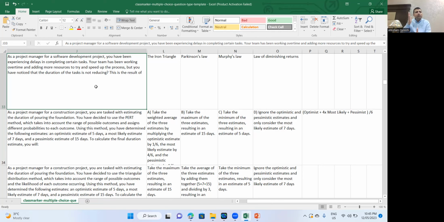Even if you add more resources, you won't be able to get the work done faster. Actually it will decline if you add more resources. So you can expect that adding more resources will give better results, but there is a limit to it, and once that limit is reached, you won't get those benefits by adding more resources.